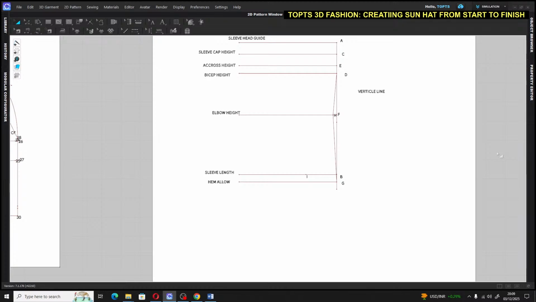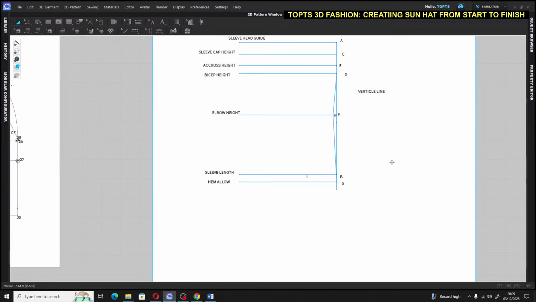Yeah. So once we have finished creating that point, the next thing is we go ahead and slant the sleeve. Of course, you know the sleeves are not straight.